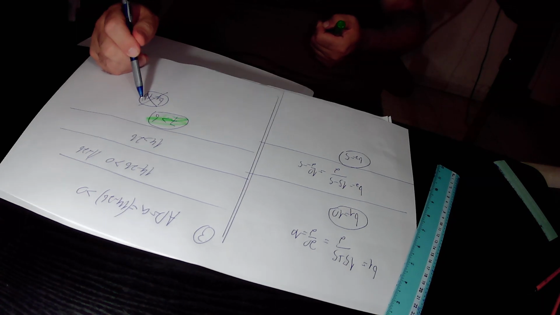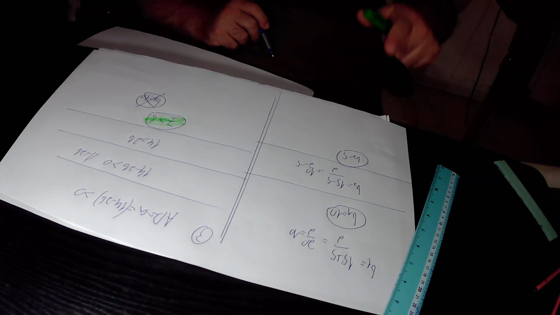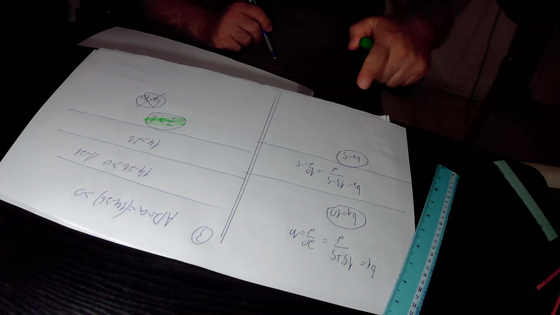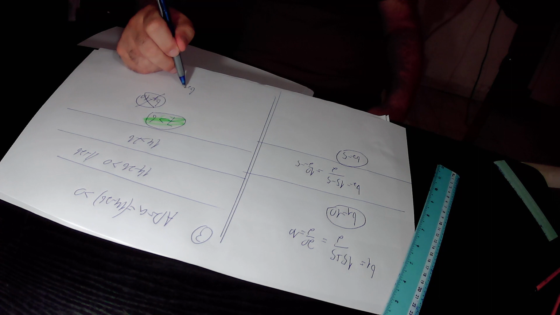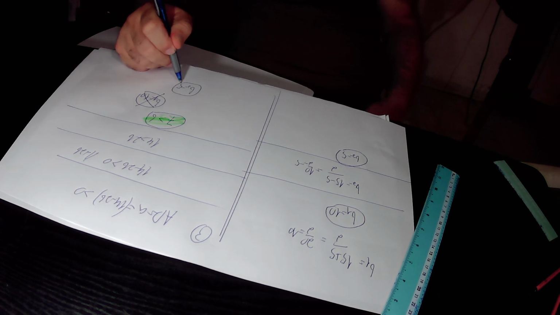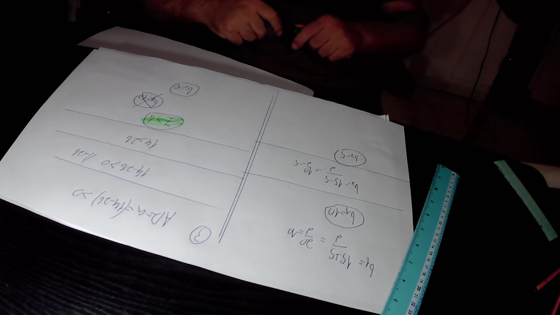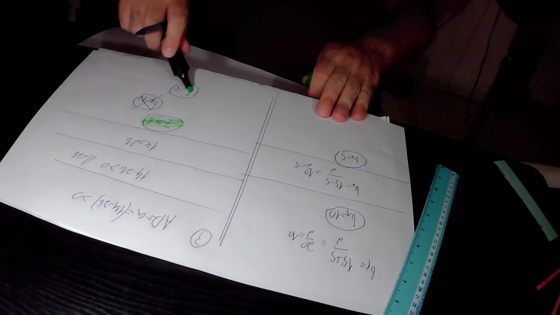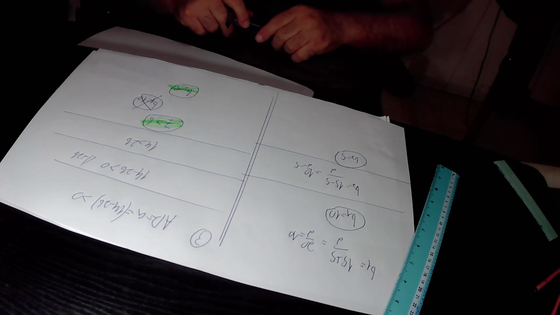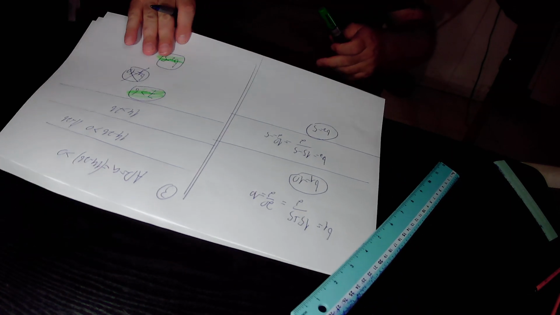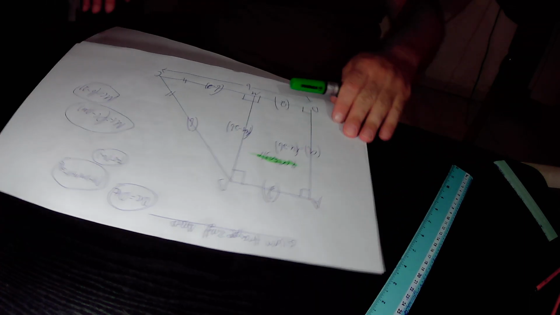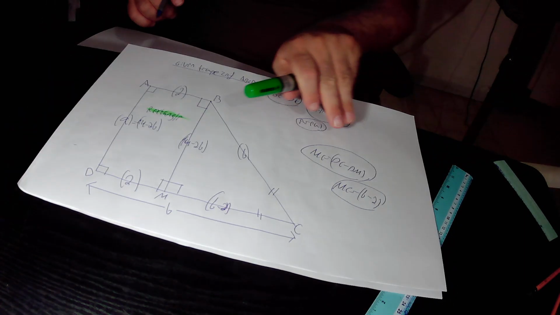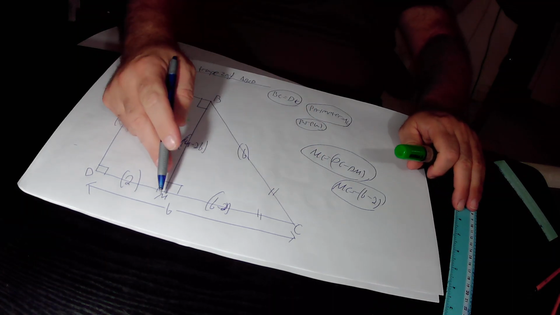In our case, we will take into account only the second solution for b, that is b2, which equals 5. Therefore, the only solution for b is b equals 5. According to our definition, DC equals b and b equals 5.